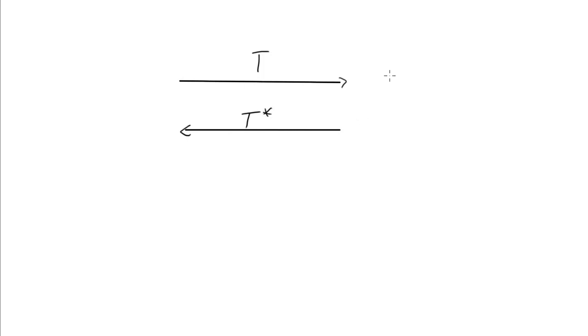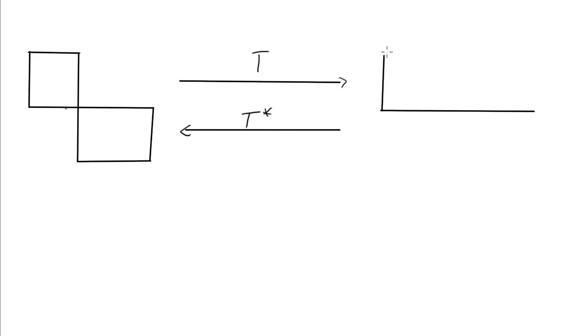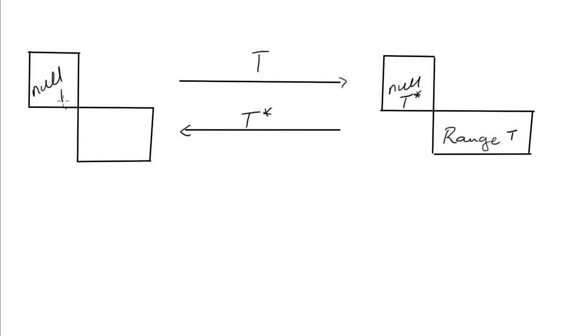Here becomes one of the fundamental theorems of applied math: how the domain and range fit together with the adjoint. The domain and the range are going to break into two orthogonal pieces. The range of T and the null space of the adjoint, and then the null space of T and the range of the adjoint, are orthogonal to each other.